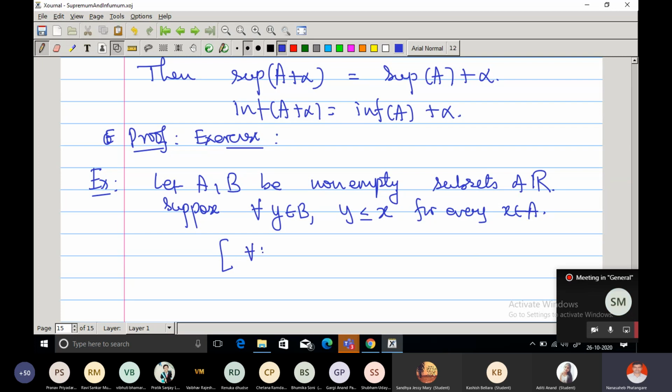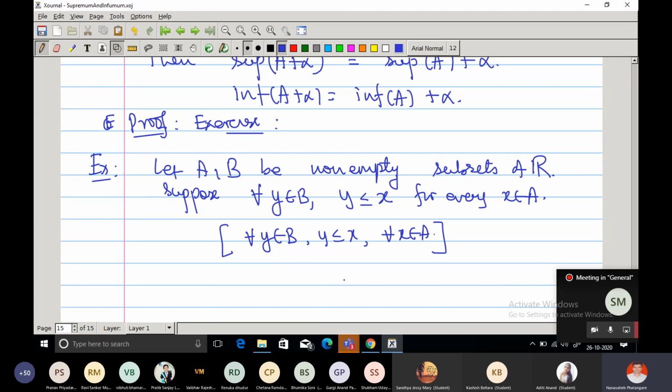What is this statement? For all y belongs to B, y is less than or equal to x for all x in A. At both ends there is a for all. So tell me such A and B for which this is going to happen.